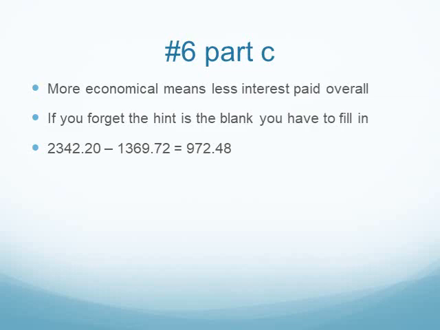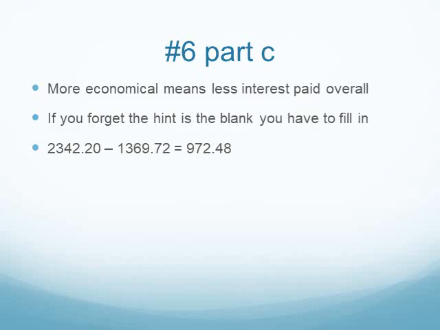I subtracted and found the difference because, as I noted here, if you don't know what they mean by economical, the hint is that they ask you for the difference in the interest between the two options. So go ahead and calculate that. $972.48 would be the difference.